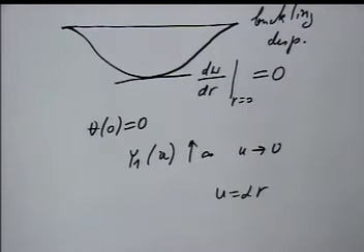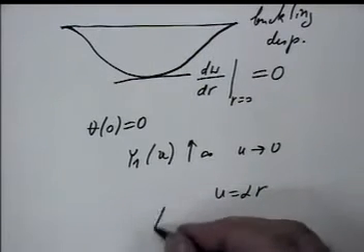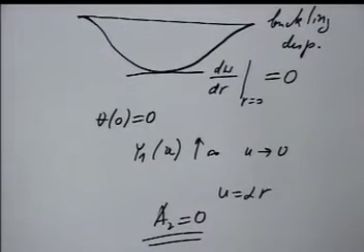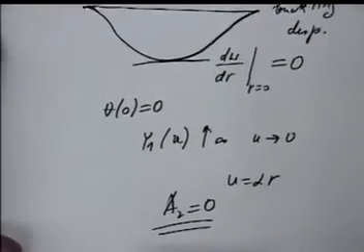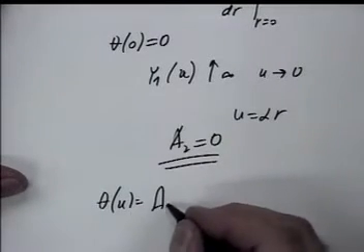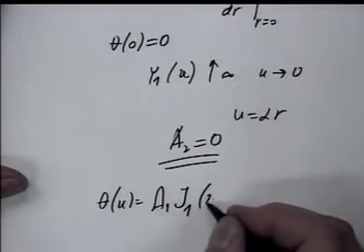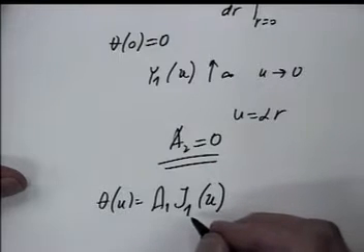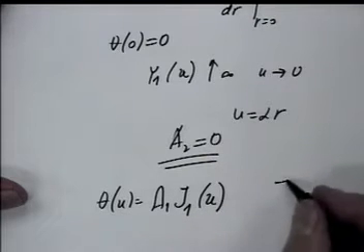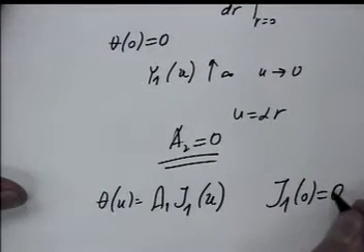So when r goes to 0, u goes to 0 naturally. Therefore, A2 must equal 0. So theta of u then equals A1 Bessel function J1 of u. And if you remember, Mr. Endres showed us in the first lecture that J1 at 0 equals 0.